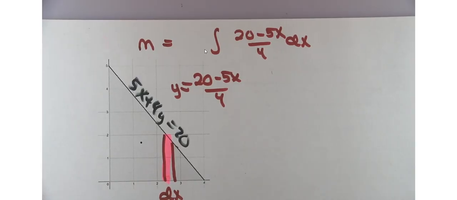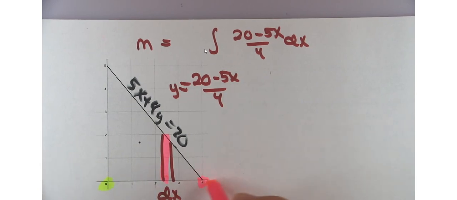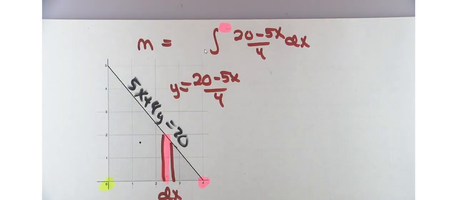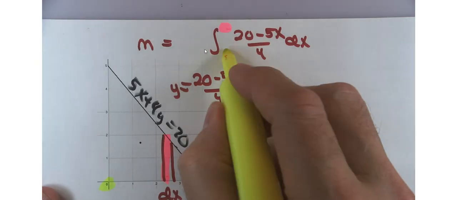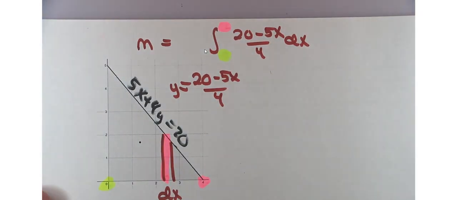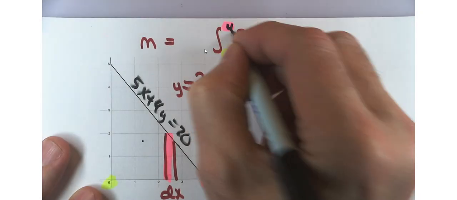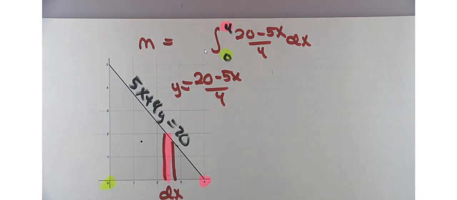It can be taken as low as 0 or as high as 4, and you're still going to be in this region. So those are going to be our limits. Let me keep these things color coordinated that way. 0 to 4. So looking good there.